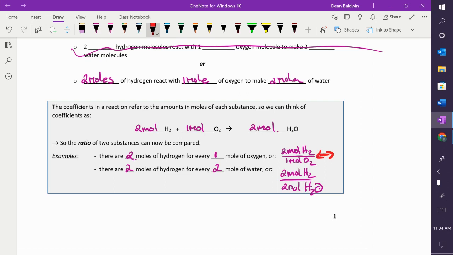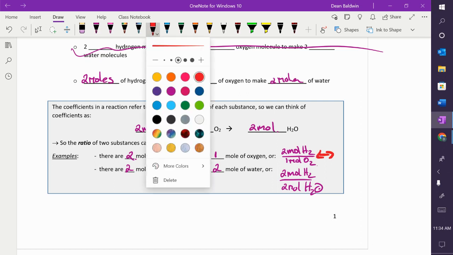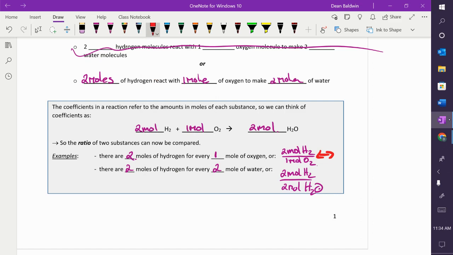You can flip it depending on what you're trying to solve for. You can say there's 1 mole of O2 for 2 moles of H2, or 2 moles of water for 2 moles of H2, depending on what we need to do.